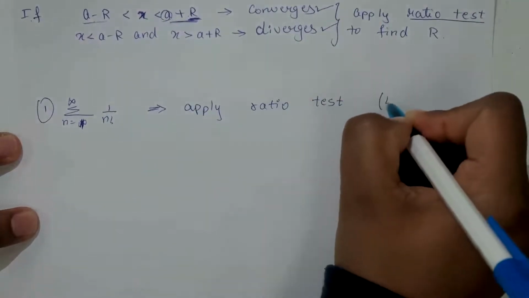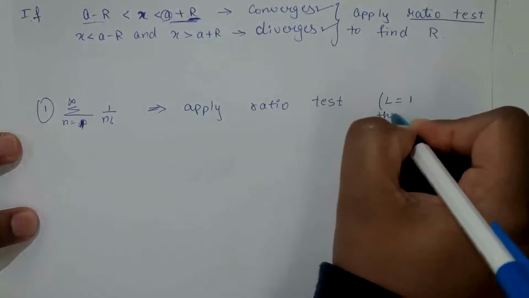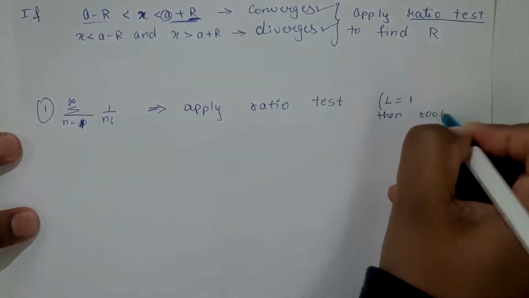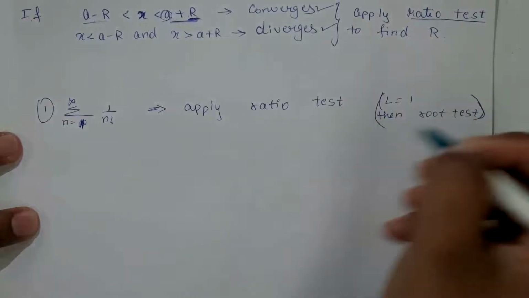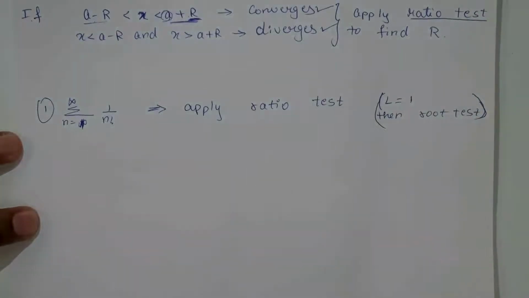But if L is equal to 1, then apply the root test. Okay, so we will check what is the limit L. If it is equal to 1, then we need to apply the root test for the same problem.